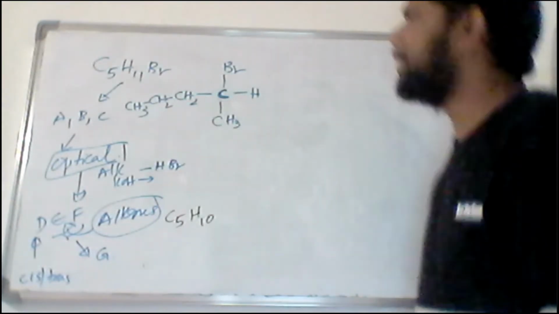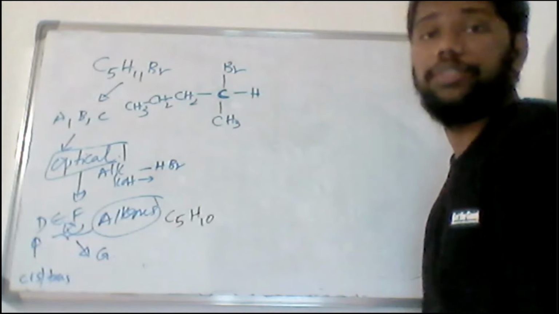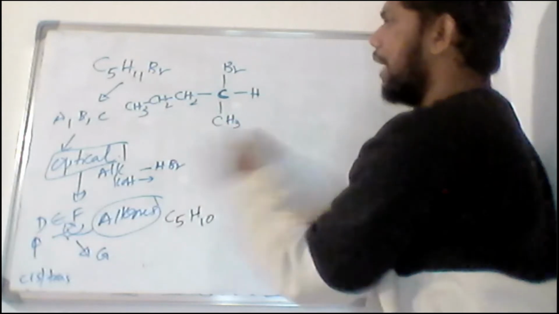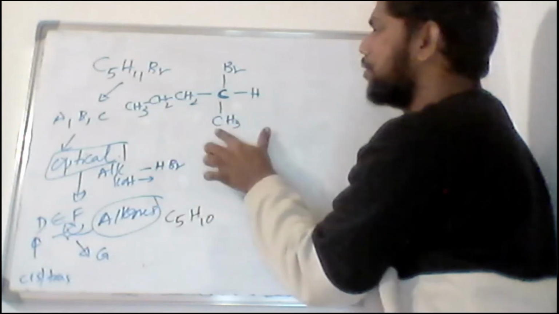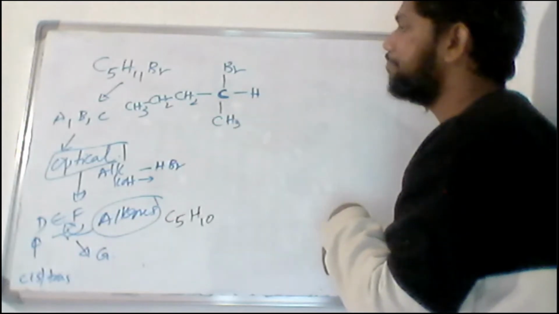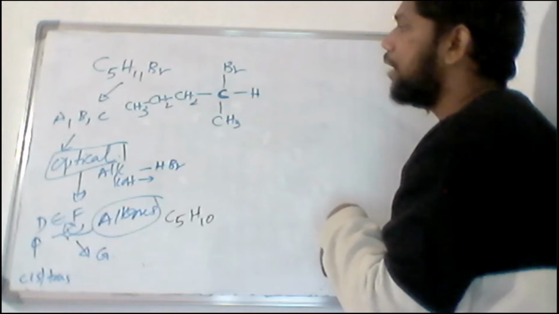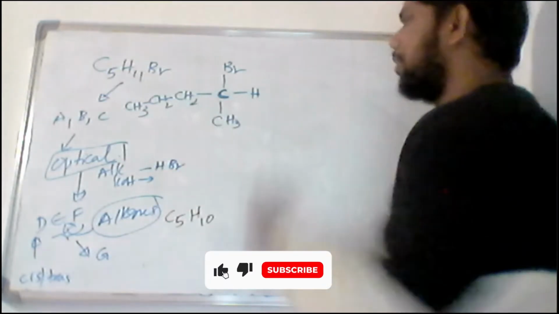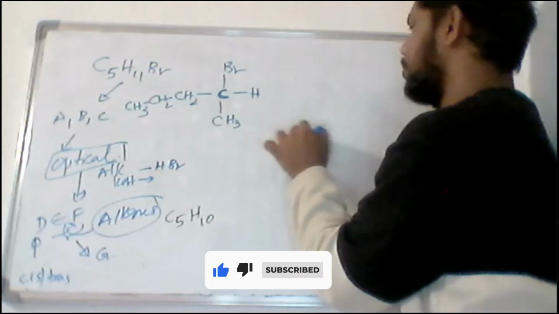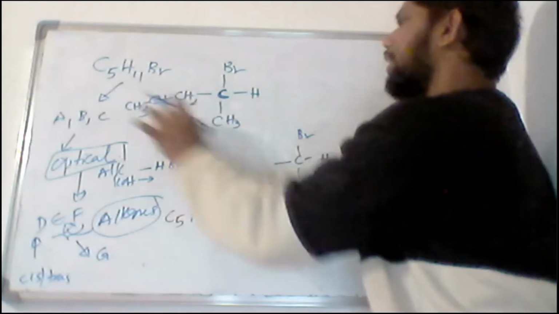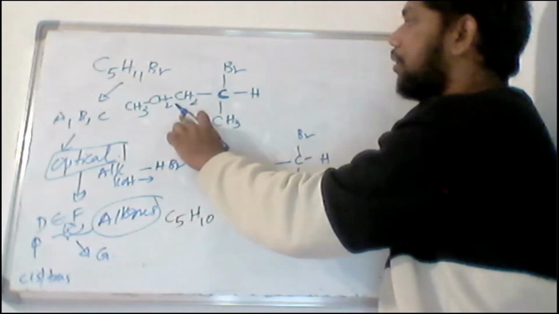What manipulations can I make to get another possible structural isomer? I can put this CH3 here, and this will become CH2CH3, but that is not an isomer I can expect. The other thing I can do is change this chain: this carbon with hydrogen, bromine, and CH3, instead of a linear chain, I can make a branched one.